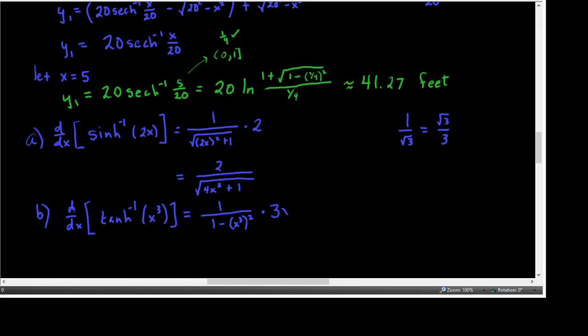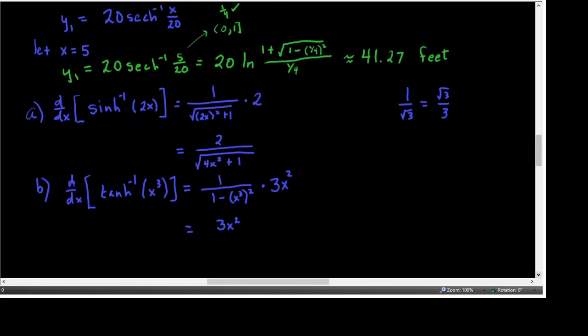And of course, the derivative of x cubed is 3x squared. And so this simplifies to be 3x squared over 1 minus x to the 6th. And that ends this lesson. I will see you in class.